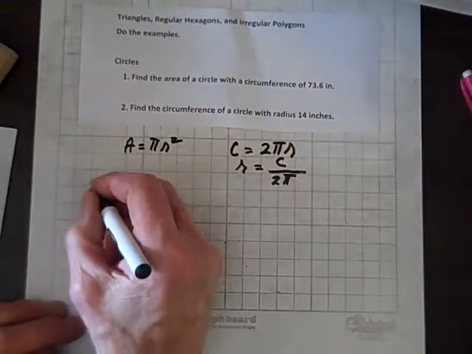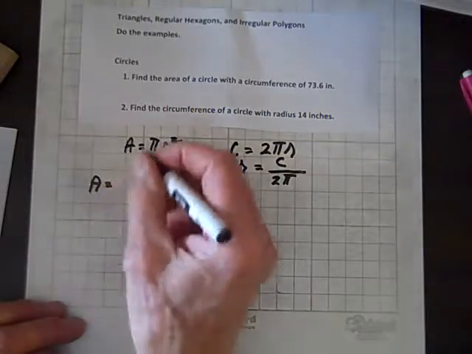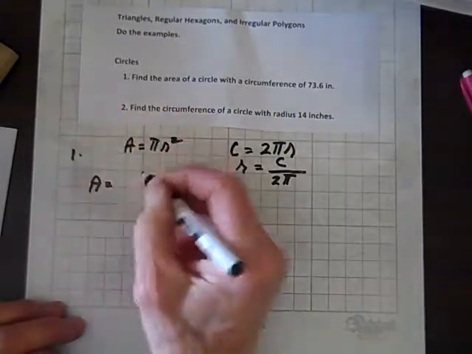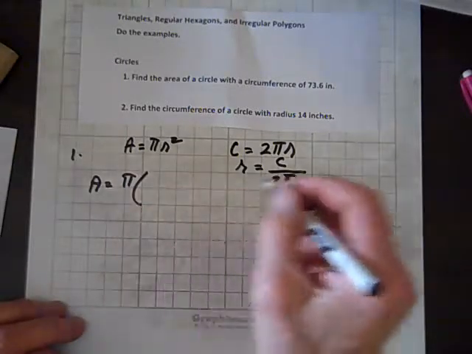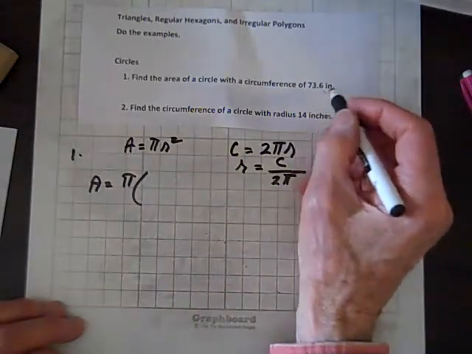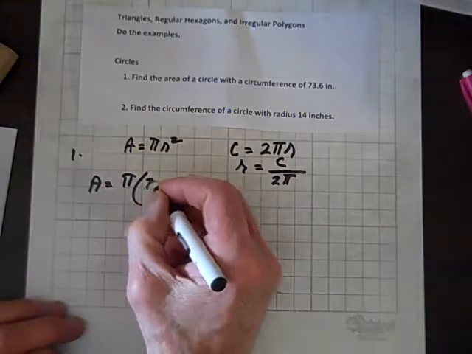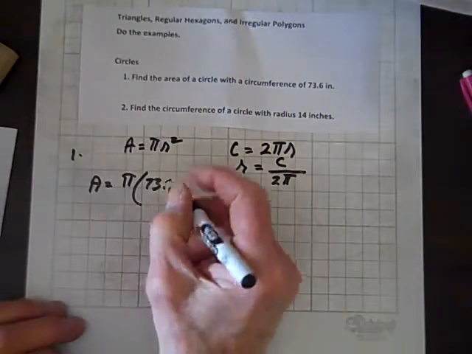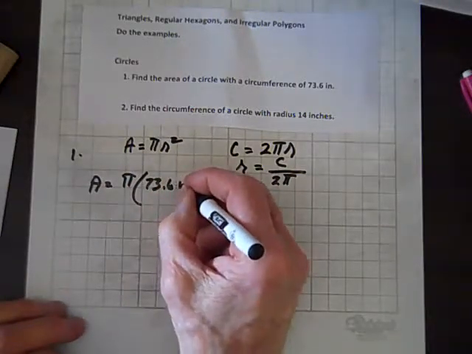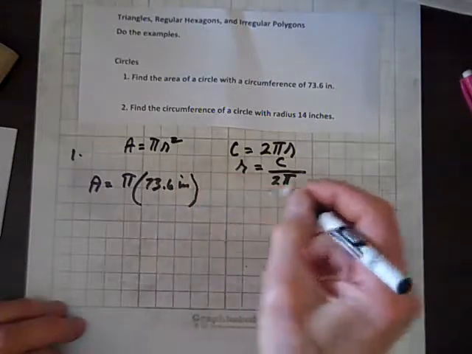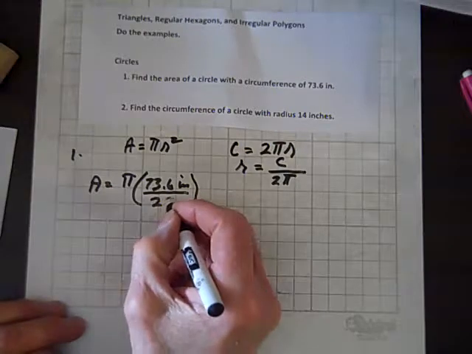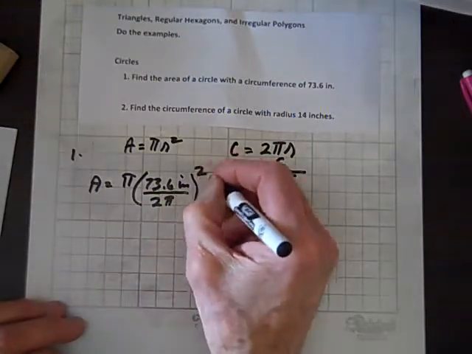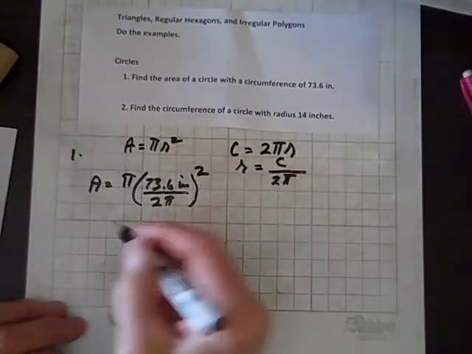Therefore, area equals, and we're doing number 1 here, pi times the circumference, 73.6 inches, over 2 pi in the denominator, and we square that, pi r squared.